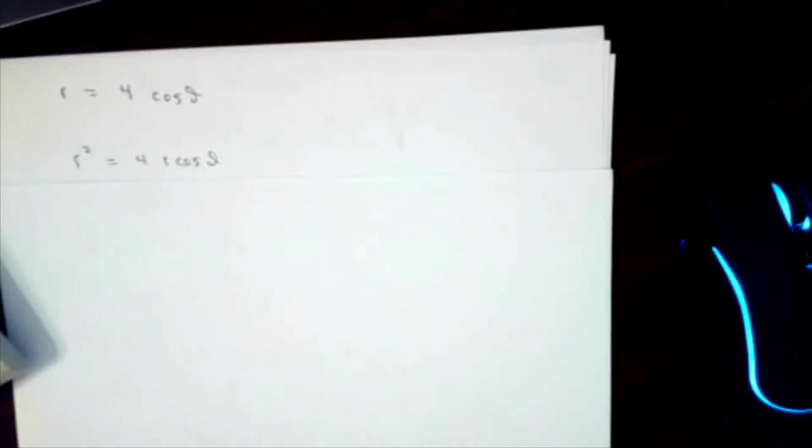So multiply both sides of the equation by r. On the left, it doesn't really make life any harder on me because we know things about r squared. Over on the right, I've got 4 times r times cosine theta. And r times cosine theta is the x-coordinate of the point that we're looking at. So that makes life much easier.